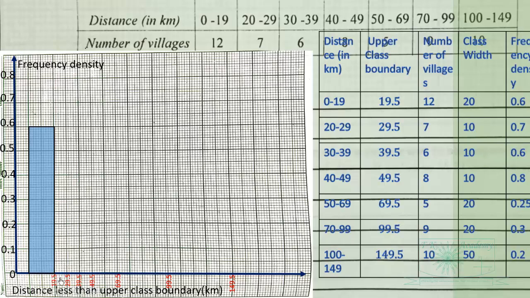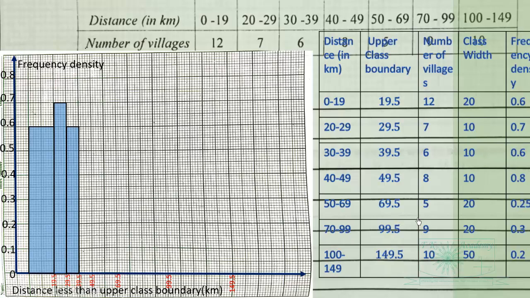I'll draw from 19.5 to 29.5. The width is 10. So that will give me up to 0.7. Then for 39.5, from 29.5 up to 39.5, the width is still 10, but the height of the rectangle is 0.6.